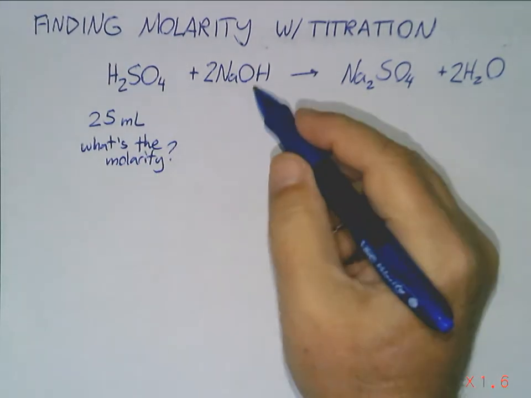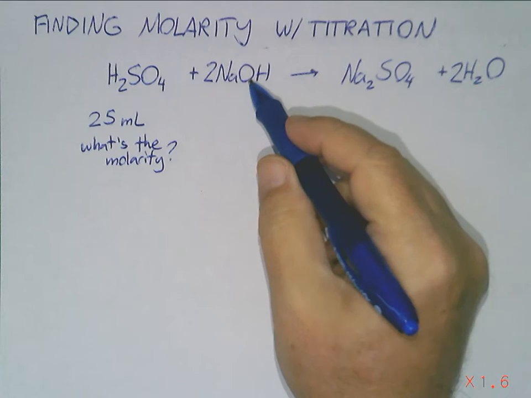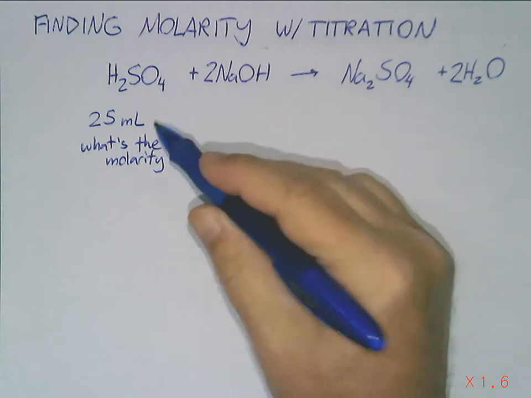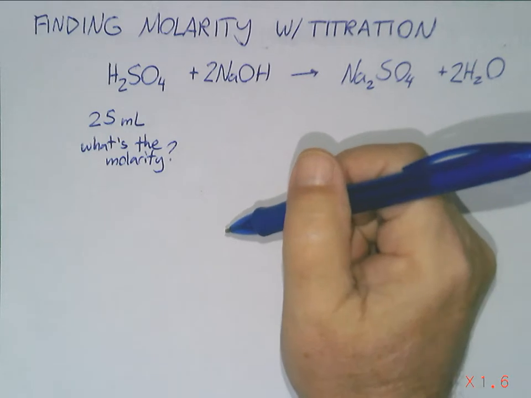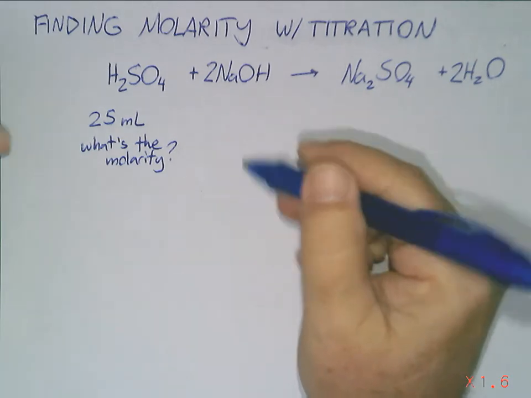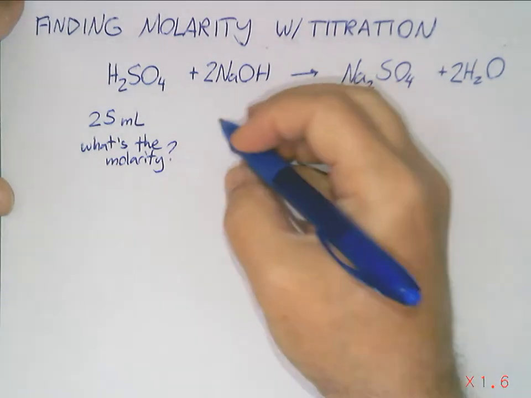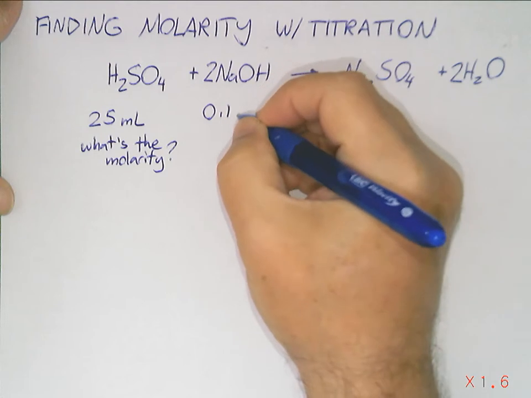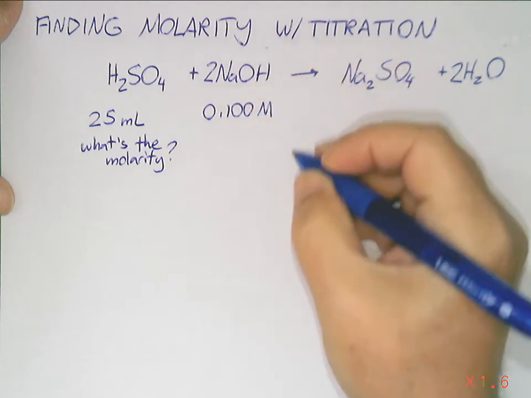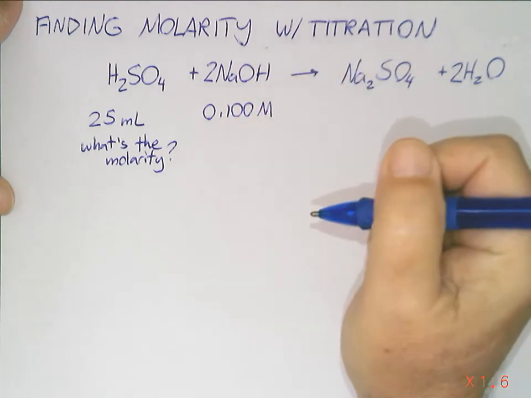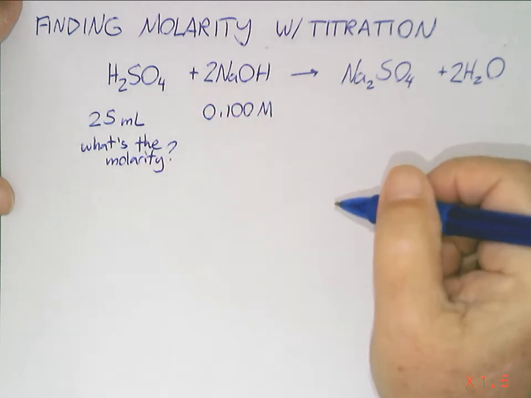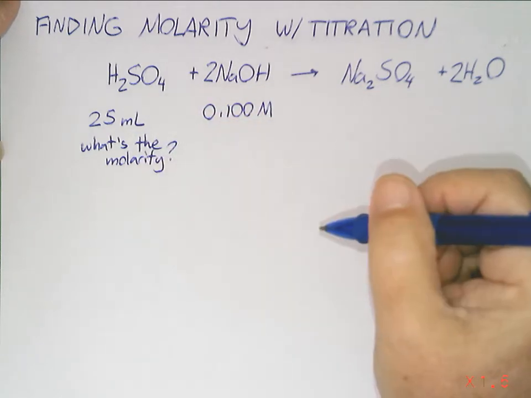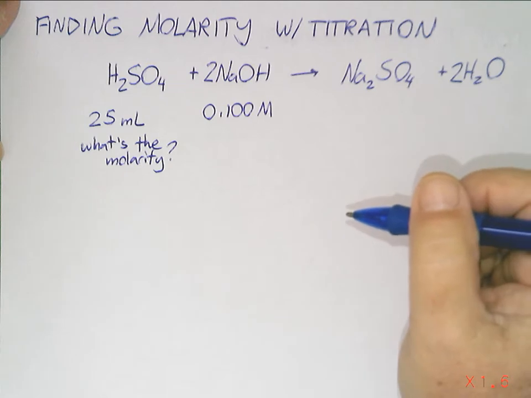Now what I can do is drop some sodium hydroxide solution onto that 25 milliliters until it's completely neutralized. So suppose I have some 0.100 molar sodium hydroxide solution, and I drop it on top of the 25 milliliters of H2SO4 until I see the reaction is complete.